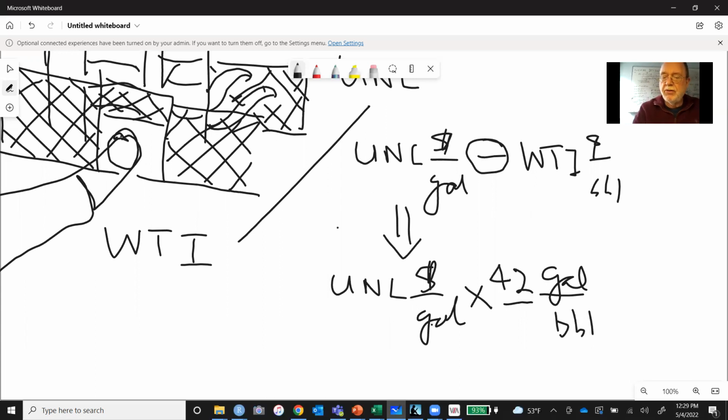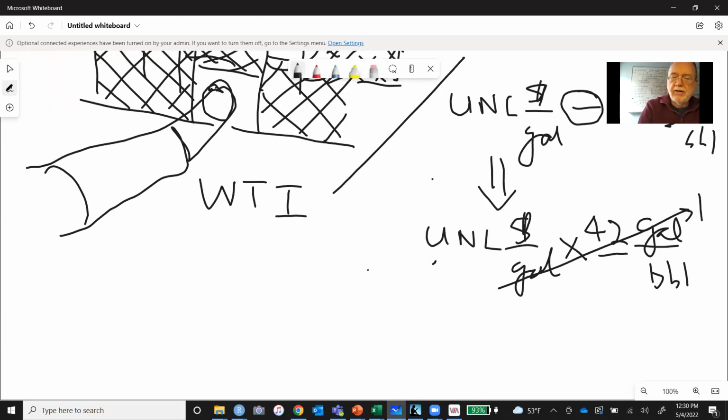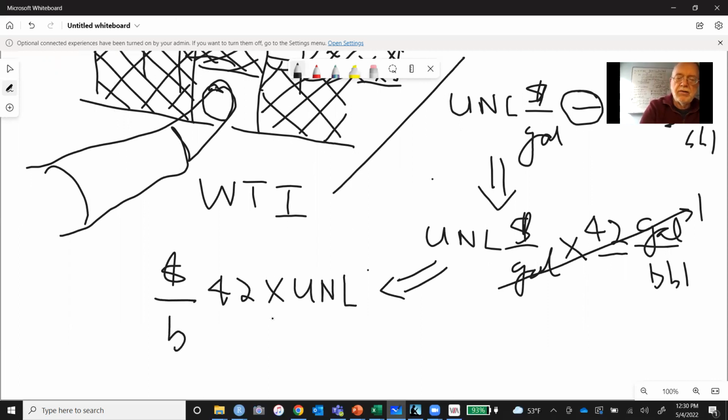Okay. So when we do that, gallons in the dimensional analysis, gallons to gallons is equal to 1 dimensionally. And so what we then get is UNL, just take 42 gallons per barrel and multiply it times the gasoline price. Okay, we get dollars per barrel.